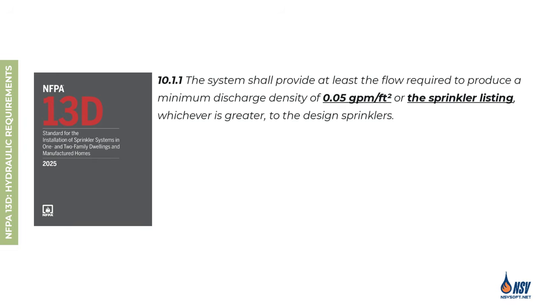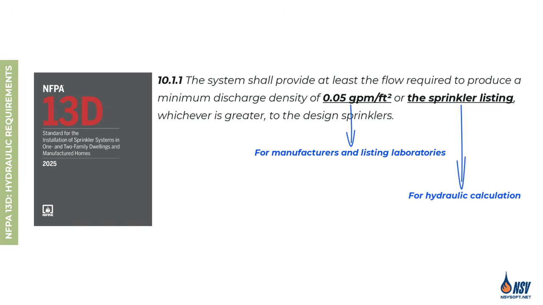Instead, it is a benchmark intended for manufacturers and listing laboratories to ensure their sprinklers discharge enough water to control a residential fire. Therefore, when performing our hydraulic calculations, we only need to apply the sprinkler flow based on the coverage area and the available pressure specified in the manufacturer's datasheet.